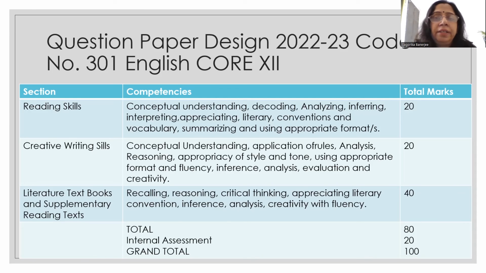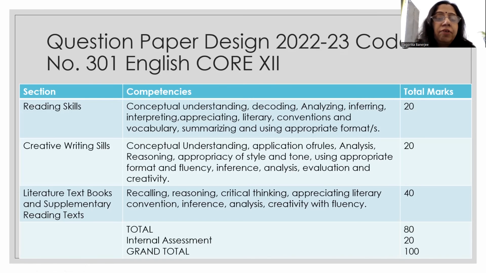Then coming to the creative writing skill, we have conceptual understanding, application of rules, analysis, reasoning, appropriacy of style and tone, using appropriate format and fluency, inference, analysis, evaluation, and creativity. This is again of 20 marks.